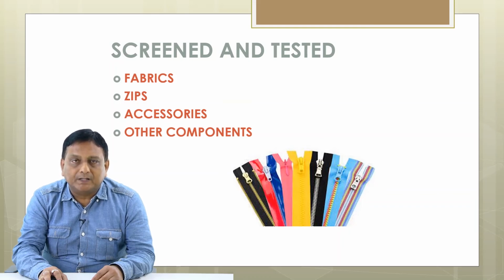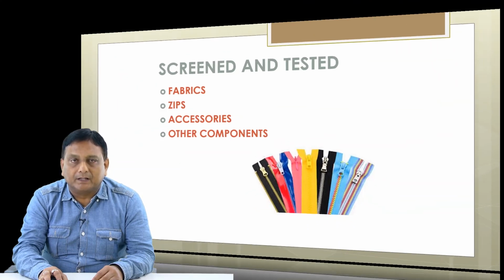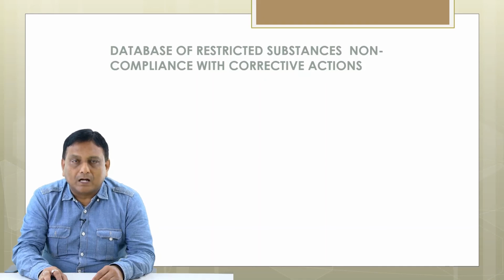So that must be tested, at the scale of a fabric test, then a zipper test or an accessories test. All these raw materials are to be tested for restricted substances or any other materials.